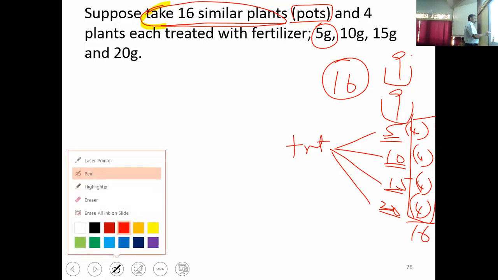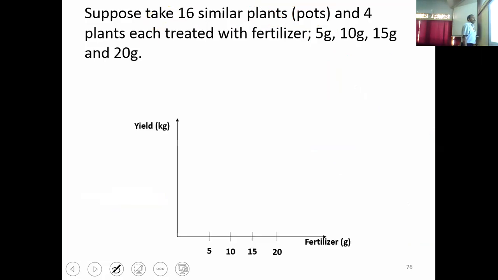Now I am going to see their results in terms of yield. I will measure their yield in a pot treated with 5 gram, 10 gram, 15 gram, and 20 gram.